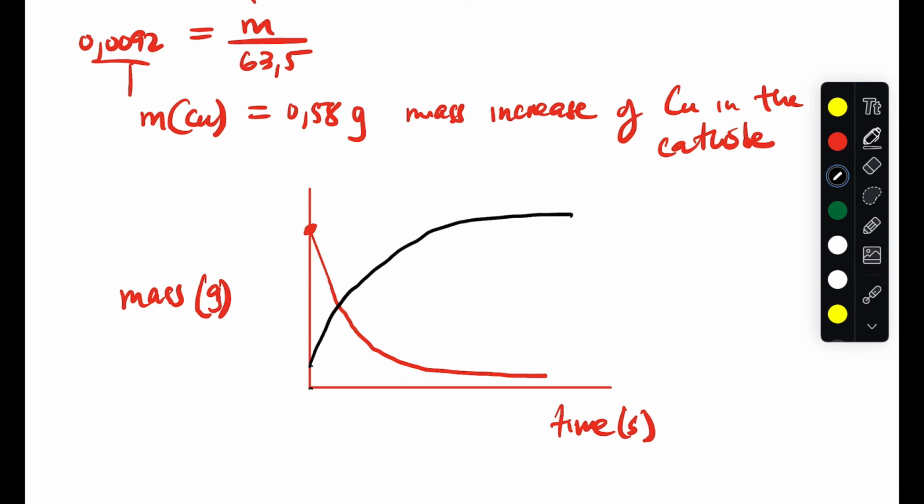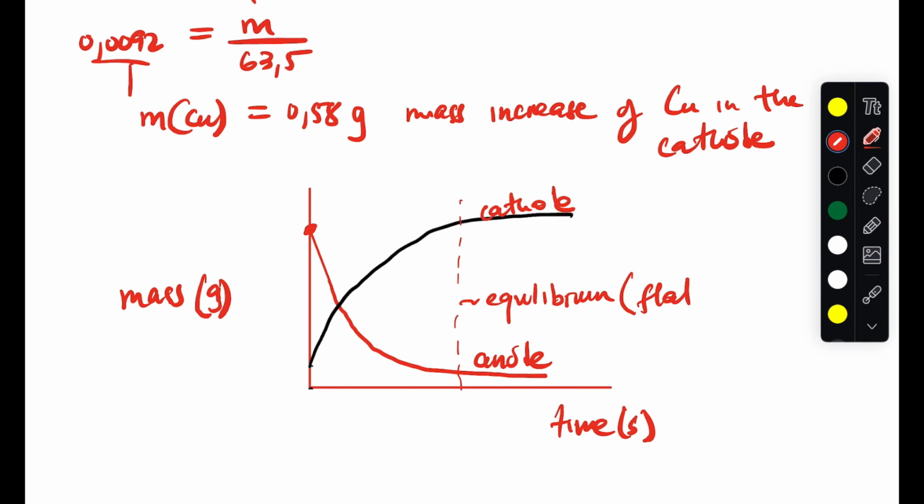Here, guys, it's at equilibrium. Let's say this is the cathode and this is the anode. This is at equilibrium, guys. Equilibrium is when the cell is flat, right?